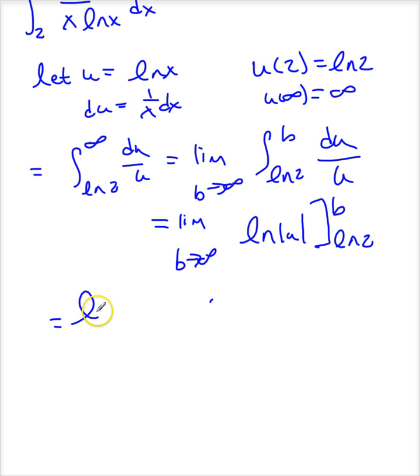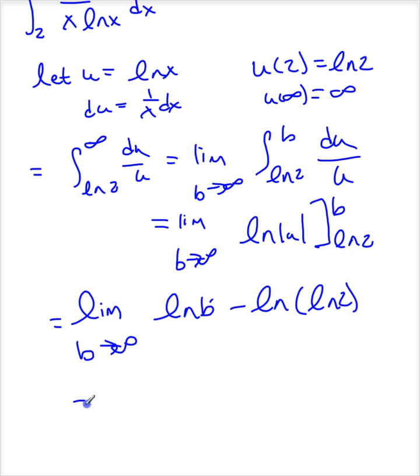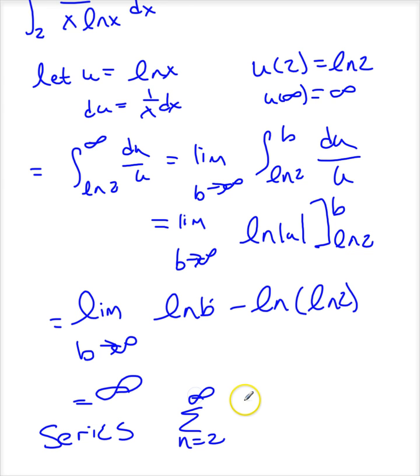So this is the limit as b approaches infinity of the natural log of b minus the natural log of the natural log of 2. And this is infinity. And what that tells me is the series, the sum n equals 2 to infinity of 1 over n log n, diverges.